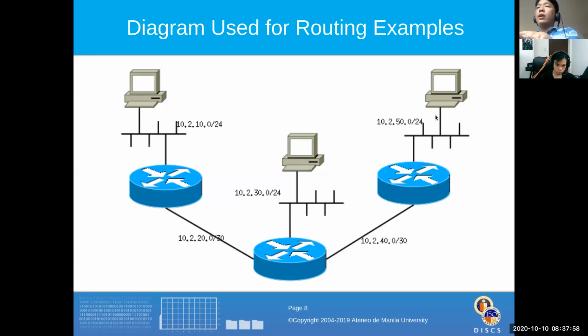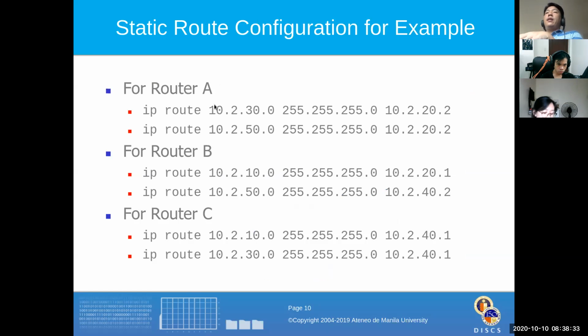If it wants to go to this network, I still send it to this router, because router A has no connection to router C. So if router A wants to go to network B, send it to router B. If a packet in router A wants to go to network C, send it to router B still. So whether the destination is 10.2.30 or 10.2.50, I should send it to 10.2.20.2, which is basically the interface of router B that's in the same network as router A. So I know this IP address here is 10.2.20.2. That's the reason why I add that entry. In order to go to 10.2.30.0 or 10.2.50.0, I send it to 10.2.20.2.